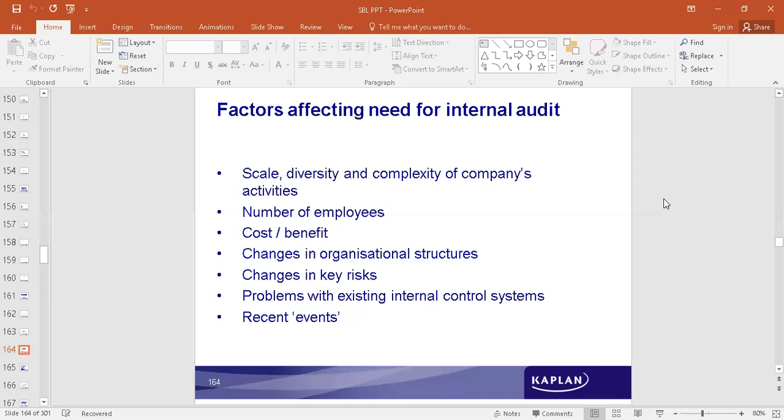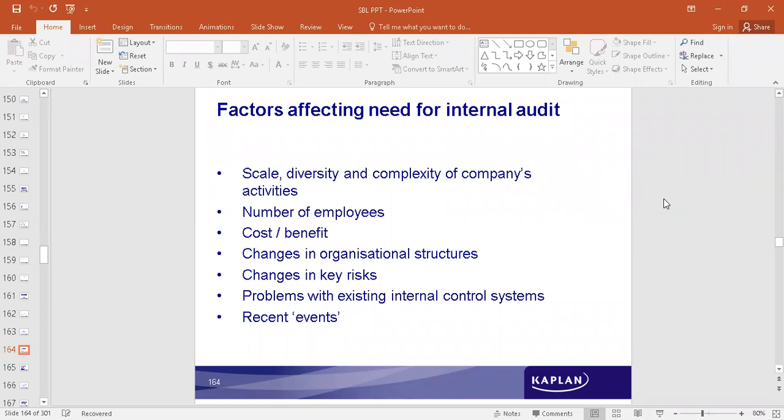But if the size is big, they are into diversified activities, and the organization structure is complex, then to manage all the activities it would be required to have an internal audit function in the organization. So whether there is a need or not depends on scale, diversity, and complexity.